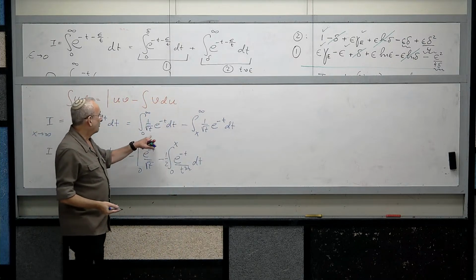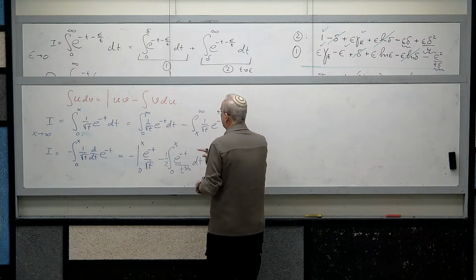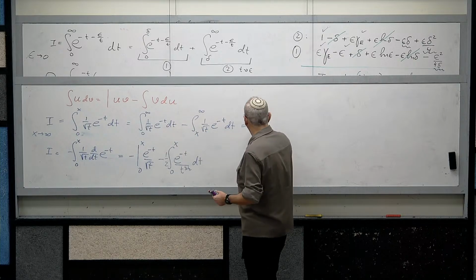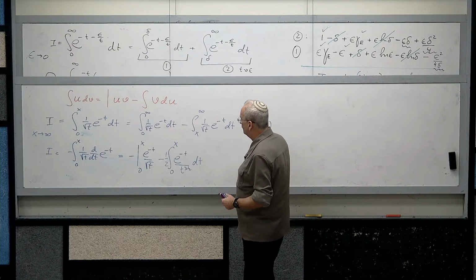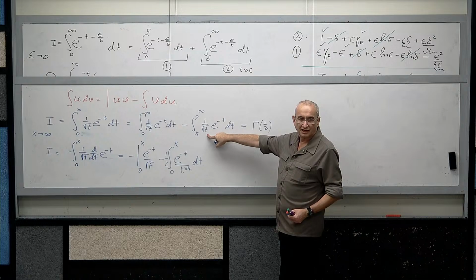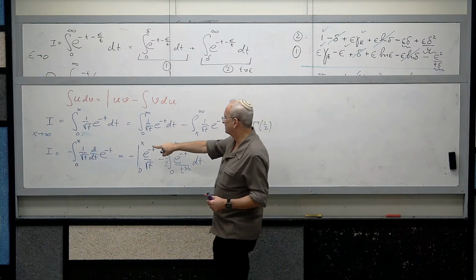Now, what is the first integral? That's a gamma of 1/2, the square root of pi. And now I can implement the integration by parts to the second, because now I don't have the 0.